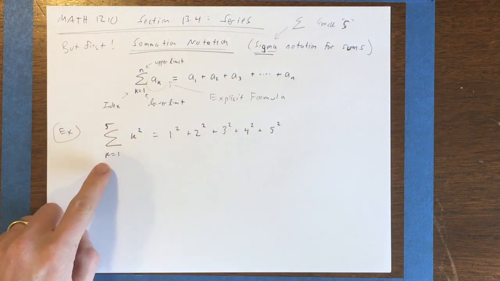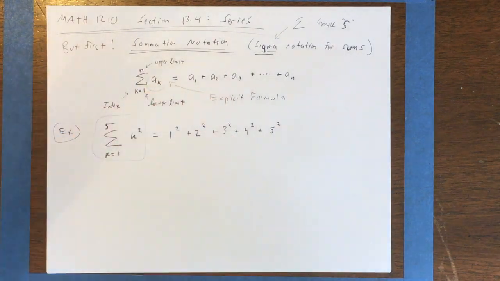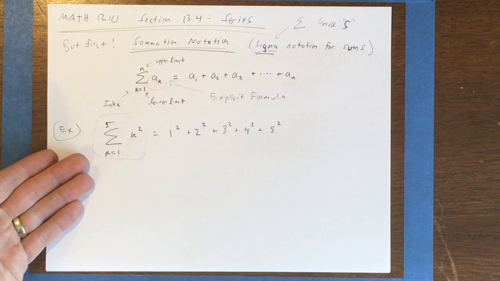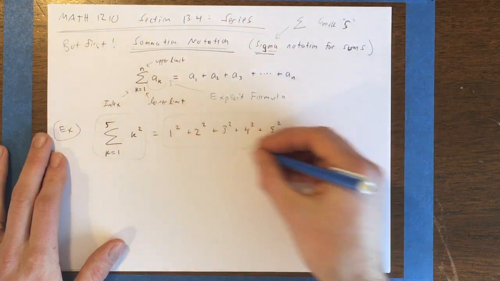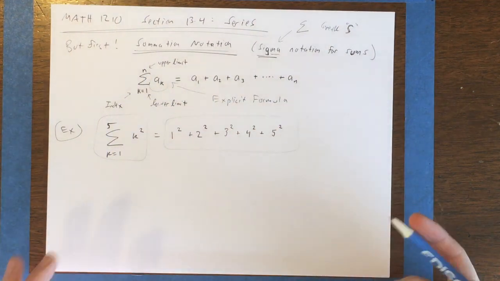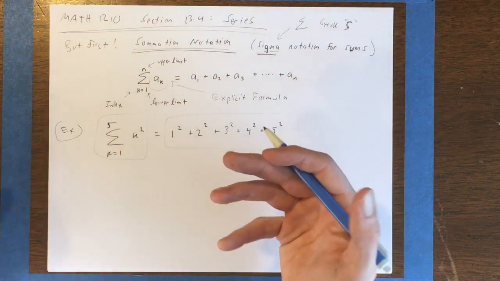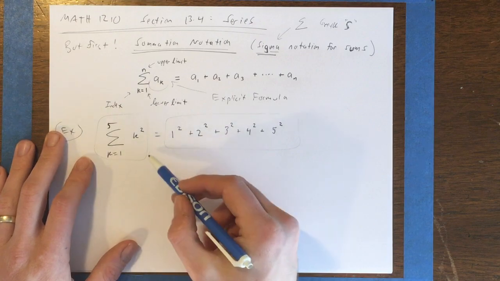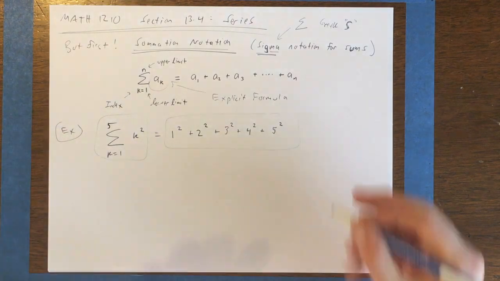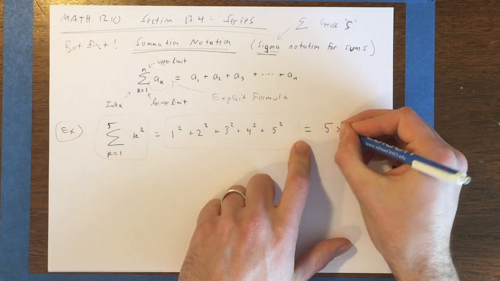And so now we've written it out. This is not a closed form, but it's like a shorthand formula for saying add up all these numbers. And it's nice because if you have 200 things to add together, it's a pain to write them out. So you can write the sum of those 200 things in a nice simple formula using this sigma notation. Now add them up and you get the value, which is 55.